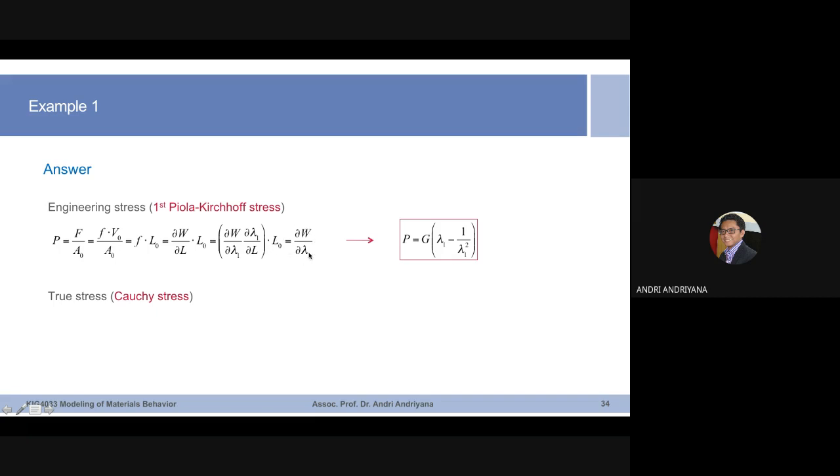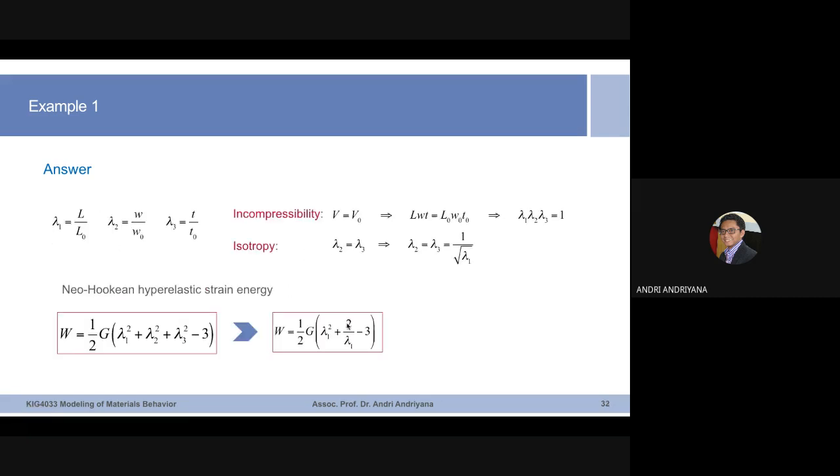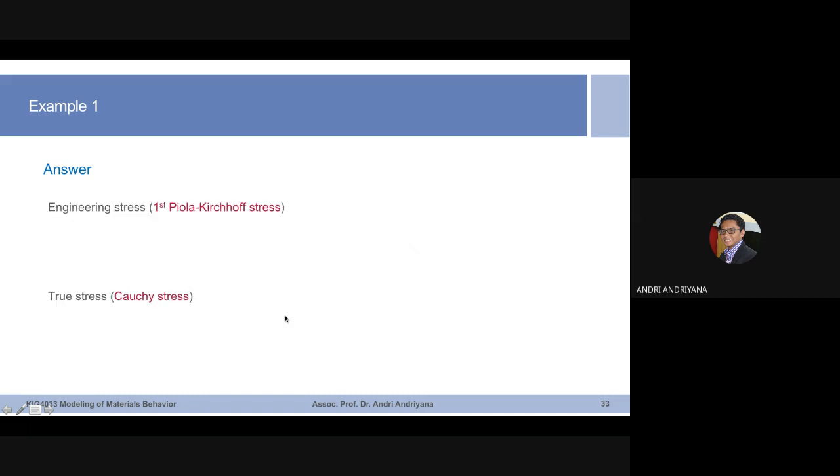So you only end up with this one. The engineering stress is the differentiation of the strain energy with respect to lambda 1. This is the strain energy that we had before, so when we differentiate, we have this one.